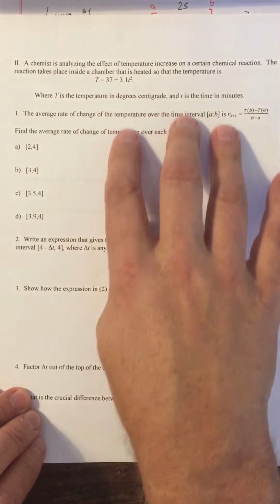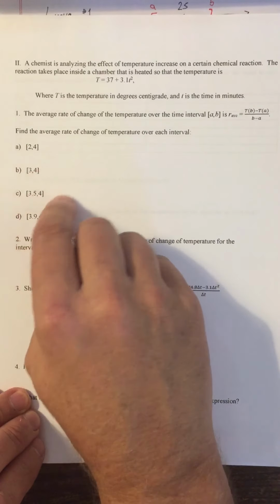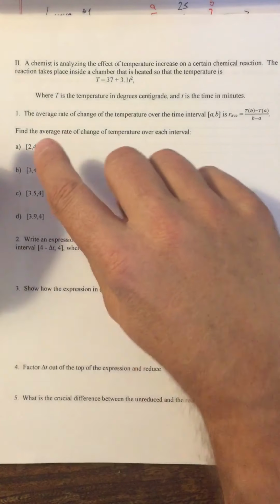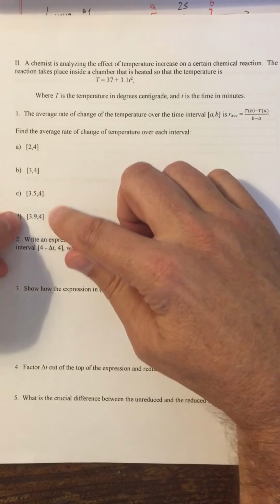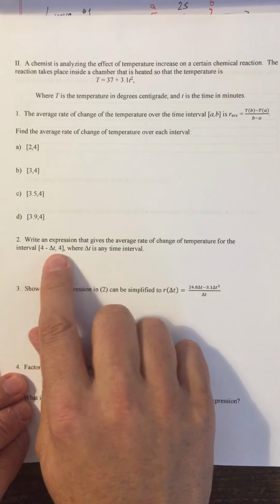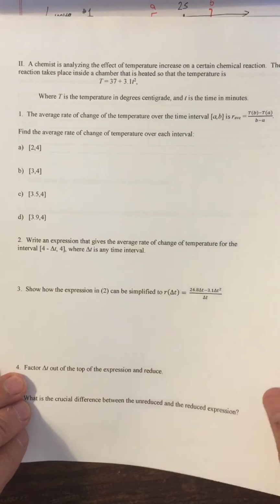A lot of the terminology is similar. We're finding average rate of change over different time intervals, so think about how we did that. I did the time intervals differently this time. They're not all centered at the same point. They all have a right endpoint of 4. How is that going to change our mathematics? Look and see how we set it up here. Do a substitution like we suggested.